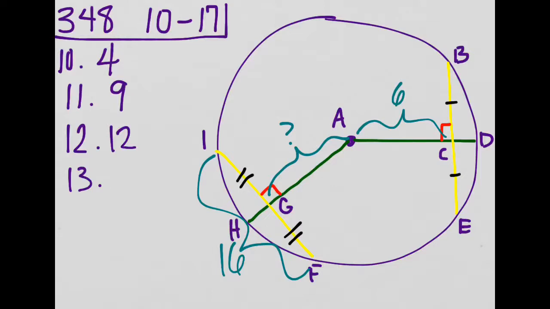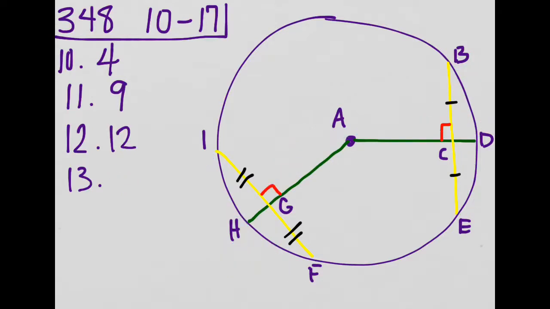So we're looking for AG. This is kind of tricky because they're giving a little bit of extra information here. FI is equal to 16, and BE is equal to 16. So we know that the chords are equal, which means they have to be equidistant. If this one is 6 away, then this one is also, you guessed it, 6 away. Let's get rid of that so we can look at the next one.